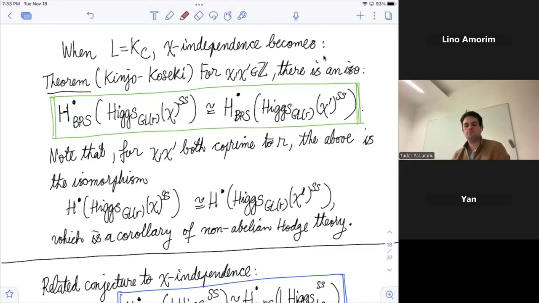Everything looks very similar, but you cannot just apply everything you have at your disposal in this case. It's a good question. As far as I know, no one considered this.